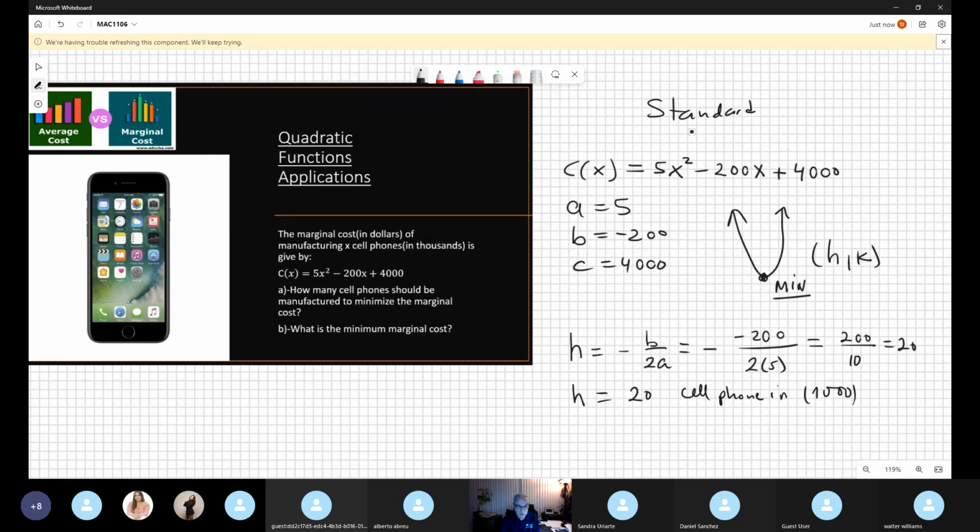Now, in order to find the cost to produce this, you evaluate the original function at 20: 5 times 20 squared minus 200 times 20 plus 4,000. Again, calculator. Guys, for me the arithmetic is not important.